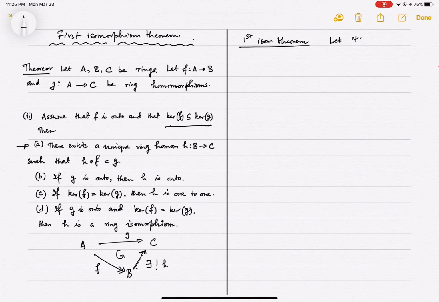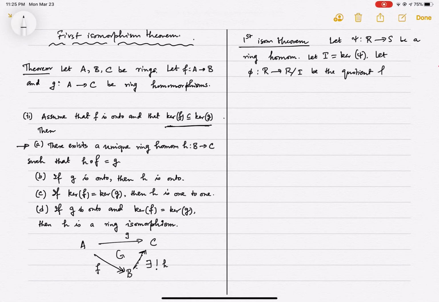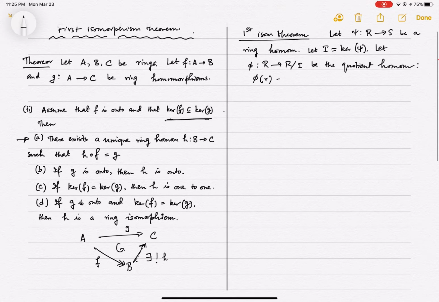Let psi from R to S be a ring homomorphism, and let I be the kernel, and let phi from R to R mod I be the natural quotient homomorphism, so this is the map that takes an element r to the coset of r.